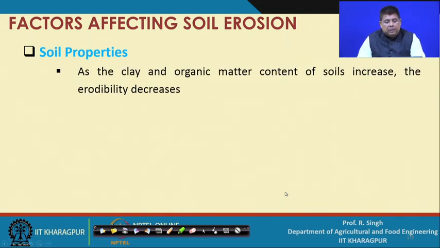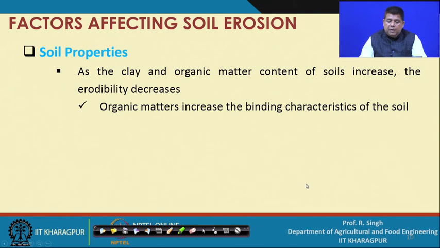Continuing with the soil properties, as the clay and organic matter content of soil increase, the erodibility decreases, for the simple reason that organic matter increases the binding capacity of soil. That means the soil aggregate is bound tightly, and a much higher raindrop impact will be required for breaking down that kind of soil aggregate where the organic matter content is high.